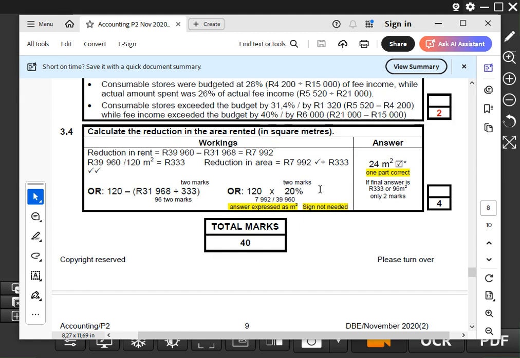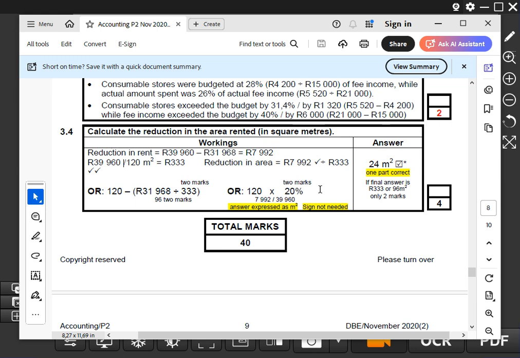Then I divide. I have to go look. I use March, because remember, the rent, or even April. Did they give me April? Okay. So, how did you get it? You took that one for May, and you divide it. I don't understand how you divide that by 120, because you haven't reduced it yet. Isn't it how much we pay per square meter for April? The 333, but why do they use the budgeted for May, the 39960?